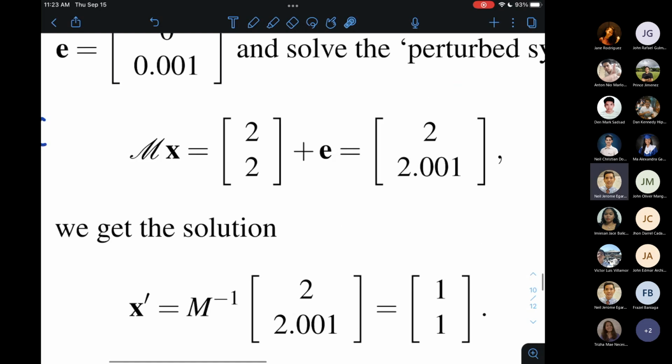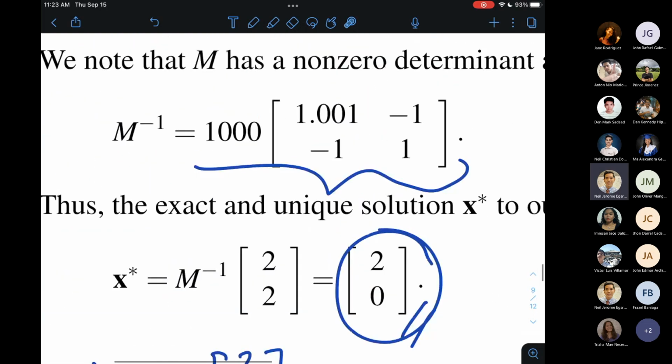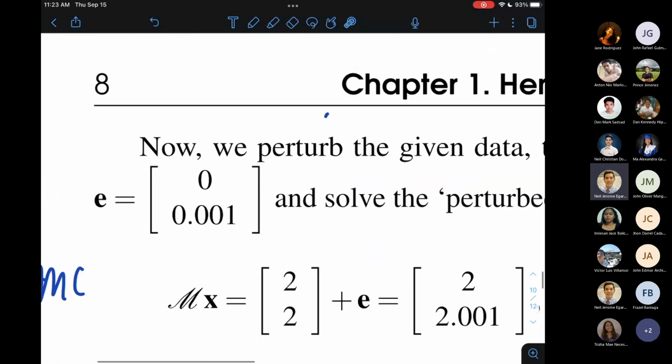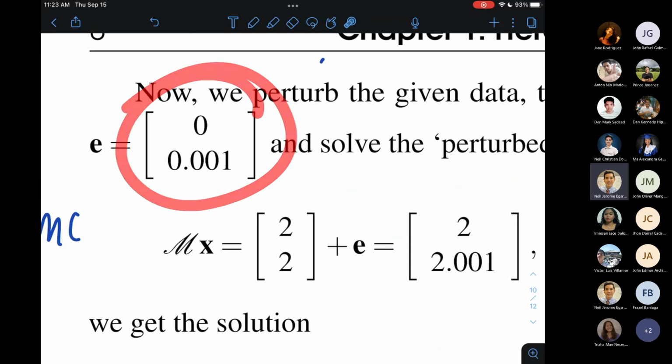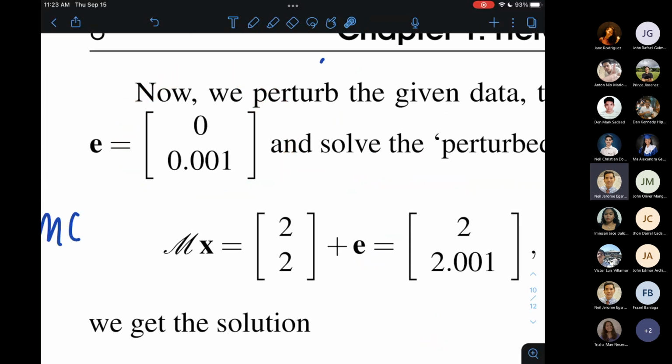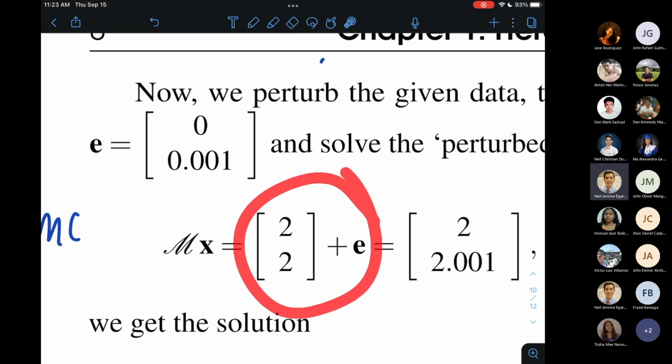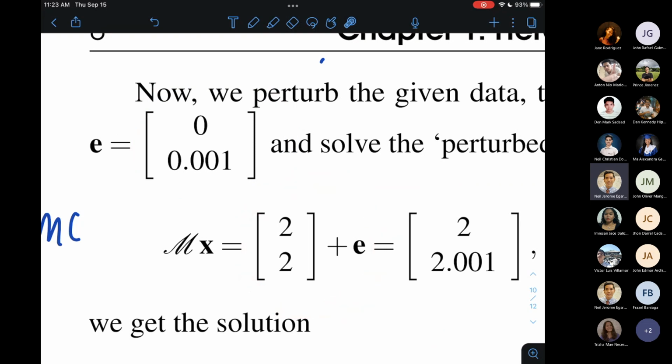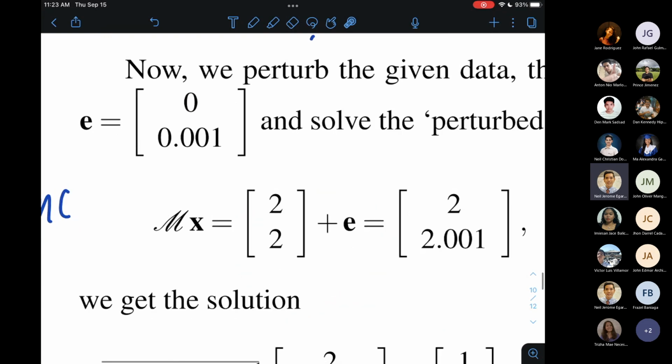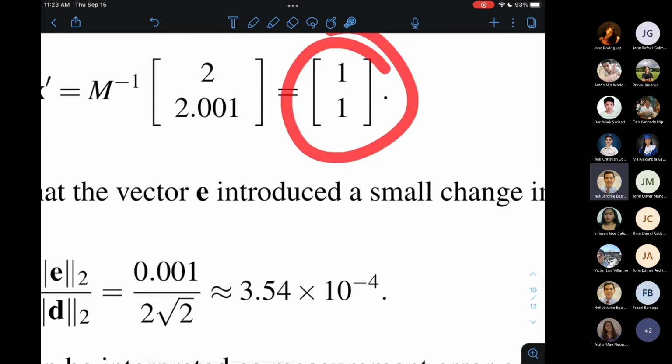Pero ano yung nakuha natin kanina? Ang nakuha natin ay 2,0. So napakalaki ng pagbabago dun sa nakuha nating solution. A small change, a perturbation of the data in this problem, which is the right-hand side of our inverse problem, ang laki nung nabago niya sa solution because the solution from 2, 0 naging 1, 1.